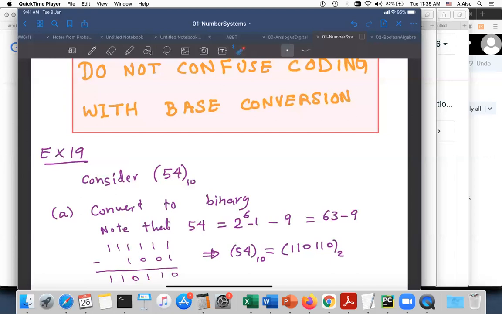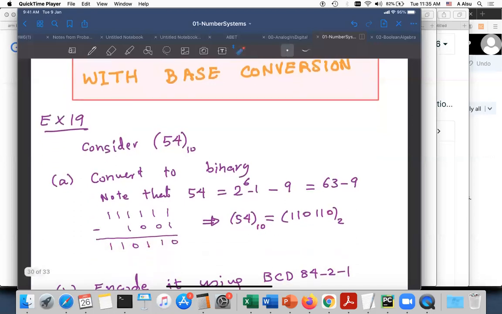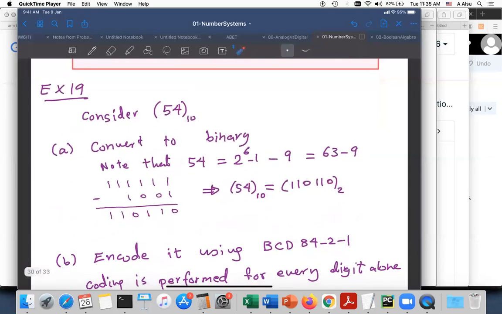So this is the result of the conversion. This is the binary representation of 54 in decimal. Let's see the code, for example the BCD 8, 4, minus 2, minus 1 code for 54. The coding is performed for every digit by itself.